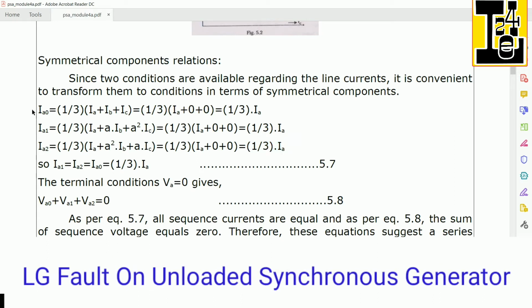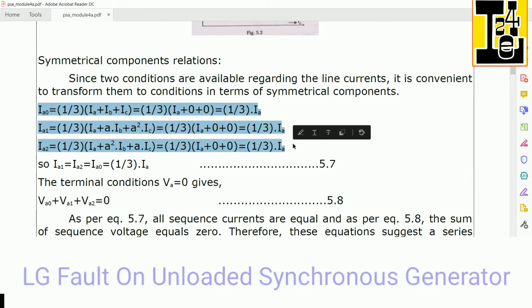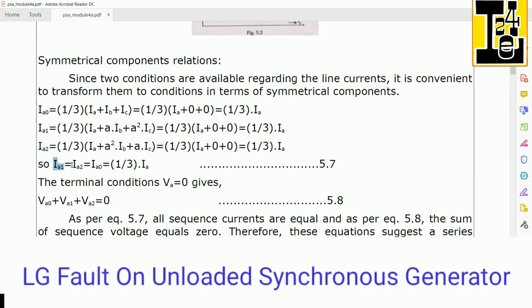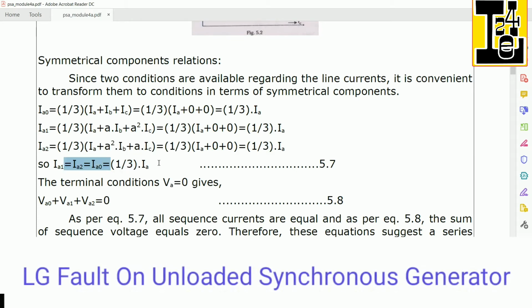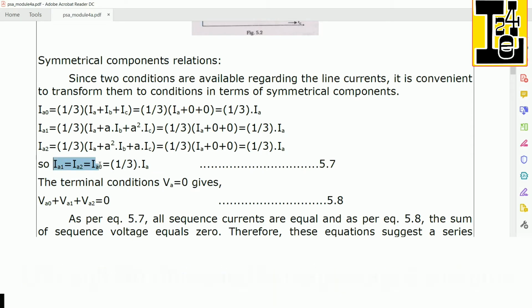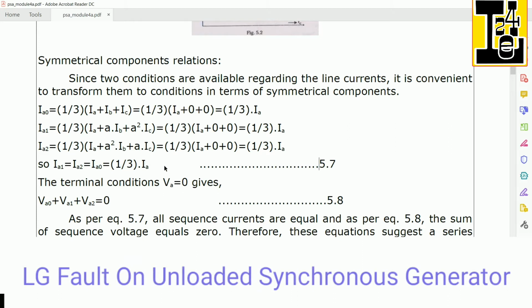By observing these relations, we get IA1 equals IA2 equals IA0, that is equal to 1 by 3 into IA. This is the first symmetrical component relation found in this case.